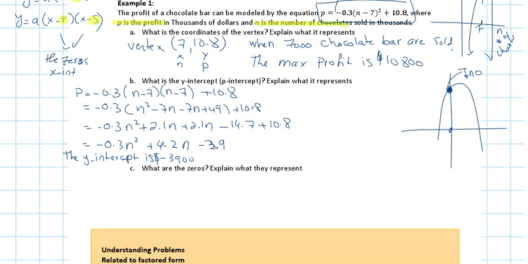I'm selling 0 amount of chocolate. Now let's see if that works the same way if I plug in 0 into my original equation for n and see if I get the same answer. So I'm going to plug in 0 for n.